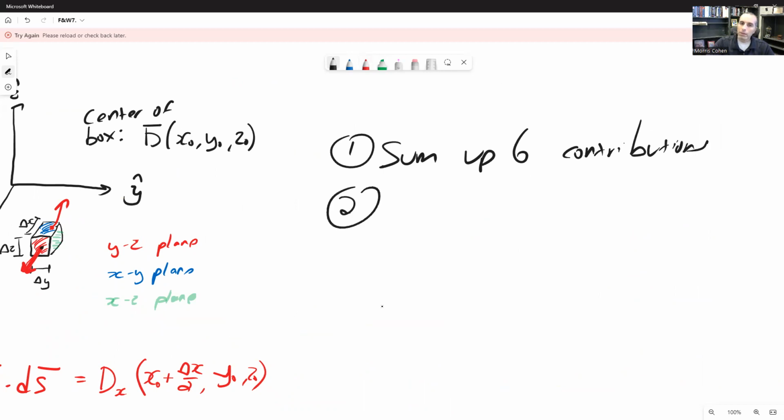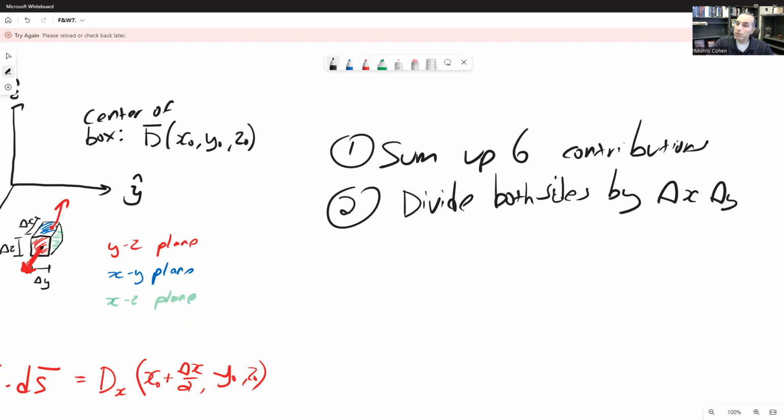And then you divide both sides of the equation by the volume of the cube, which is delta x, delta y, delta z. And finally, you shrink the cube to nothing.